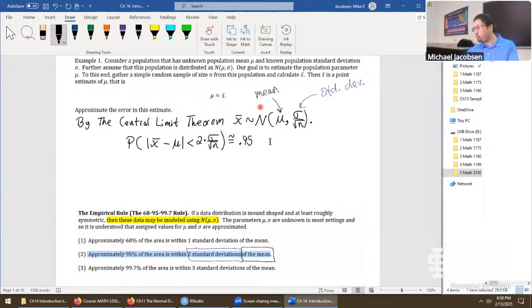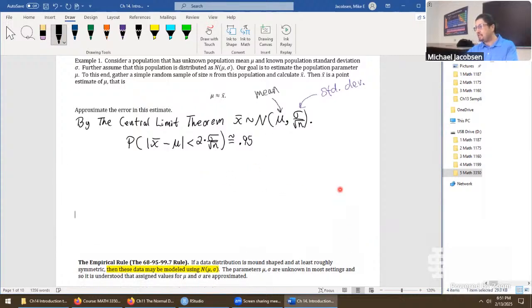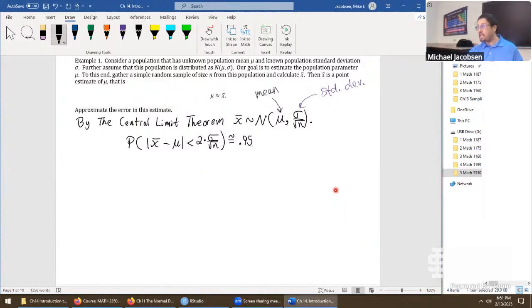Okay, now let's work with the inequality in the middle. So we can say next, if you take this entire inequality statement, X bar minus mu less than 2 sigma over the square root of n. So let's give that a special color because that's the big thing we're trying to emphasize.